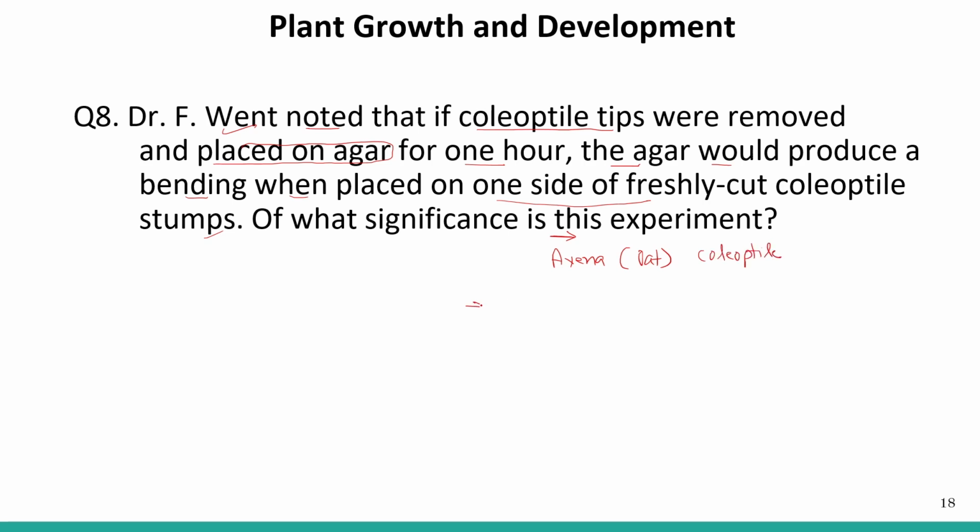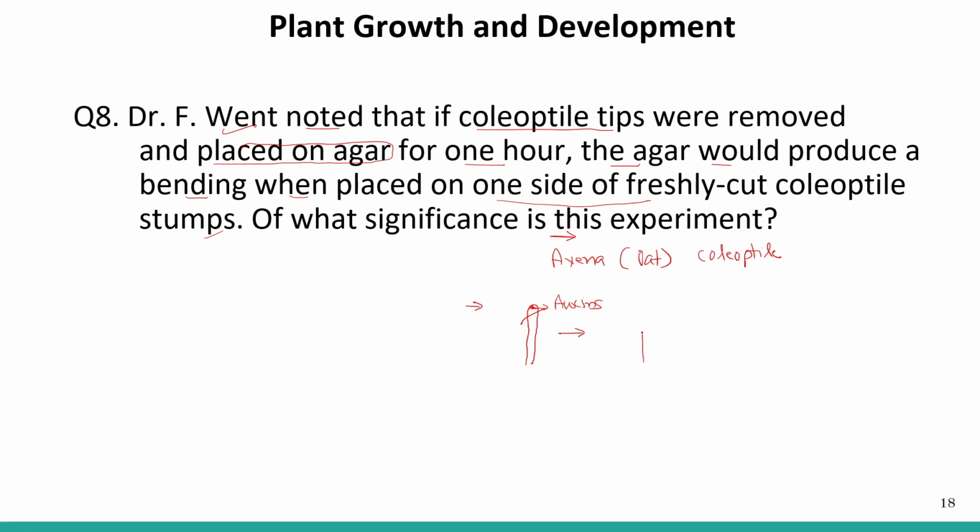So what he did? If this is an Avena coleoptile, here in this region, in the shoot tip, what is produced? Auxins are produced here. This red region is the auxin. Then what happened? He cut off this shoot tip.